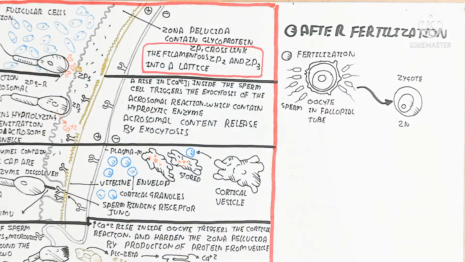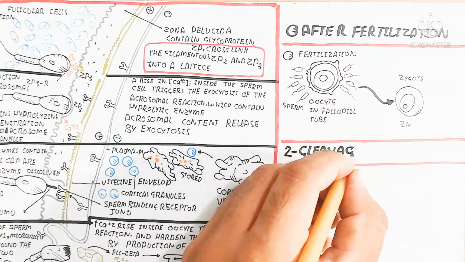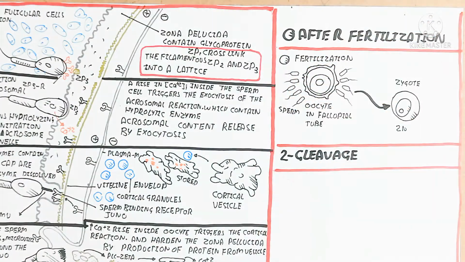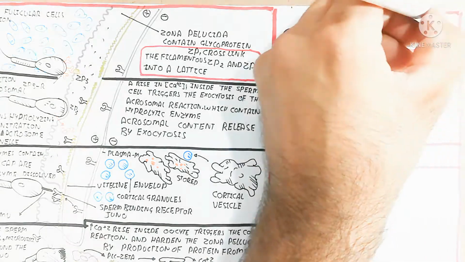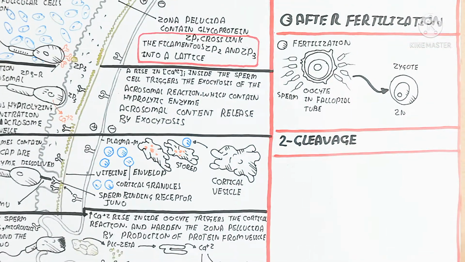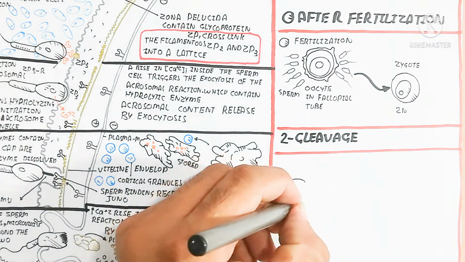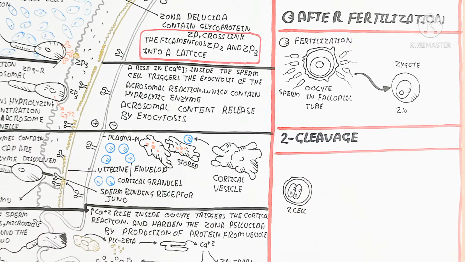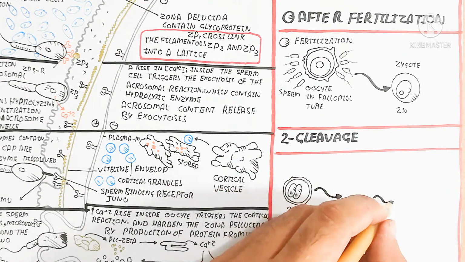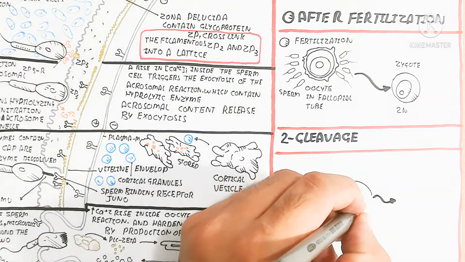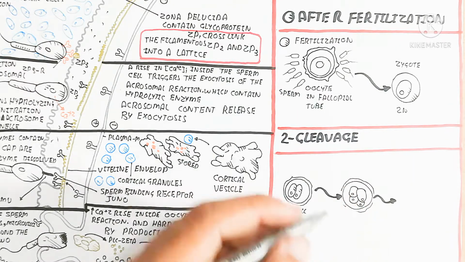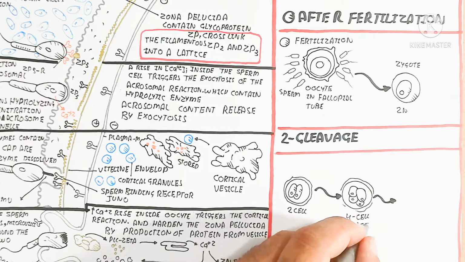After the formation of the zygote, number 2 is cleavage formation. Cleavage is basically mitosis, which is cell division, from the 2 cell stage to the 8 cell stage, 2 cell to 4 cell stages after cleavage, and the 8 cell stage becomes a morula. Morula formation: the morula is a mulberry-like structure.